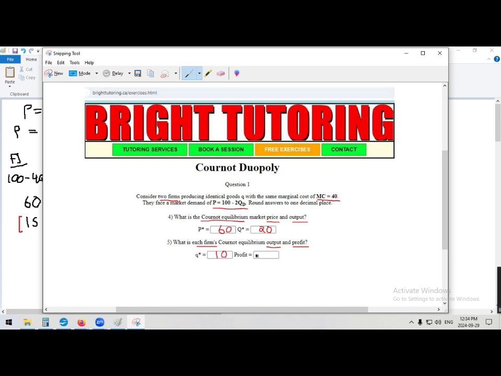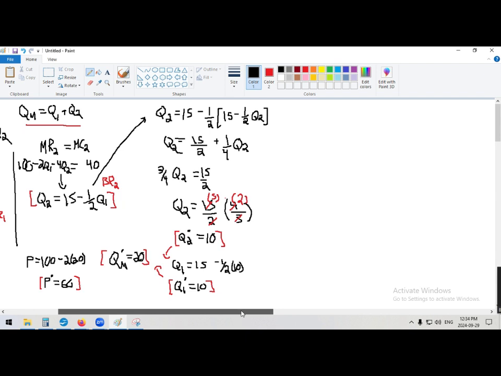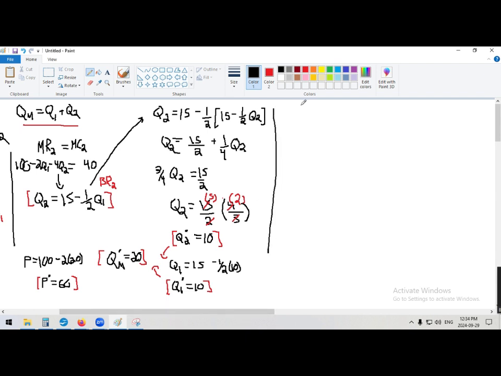So now that we have the market equilibrium, you can figure out the profit for each firm just by doing total revenue minus total cost. So let's just do it for the first firm. It should be the same for each. So we're going to have price times quantity minus total cost, which is just marginal cost times the quantity for firm 1.